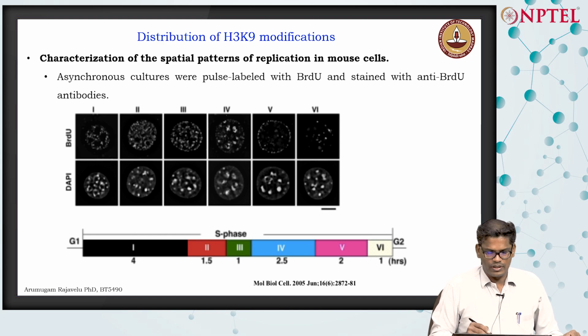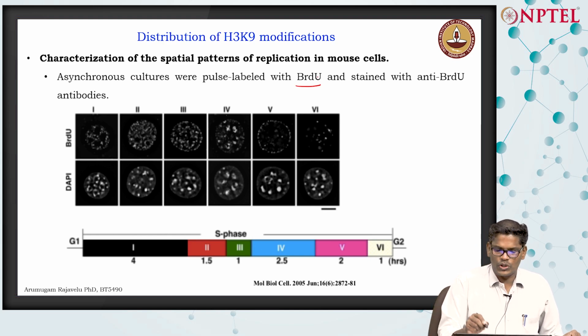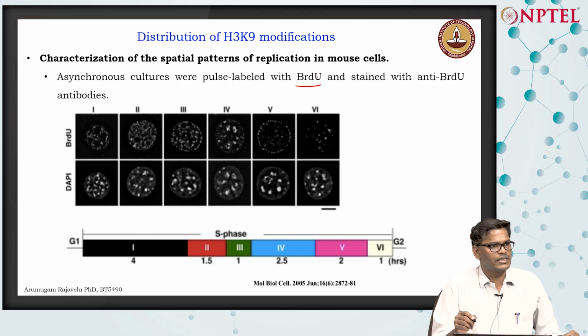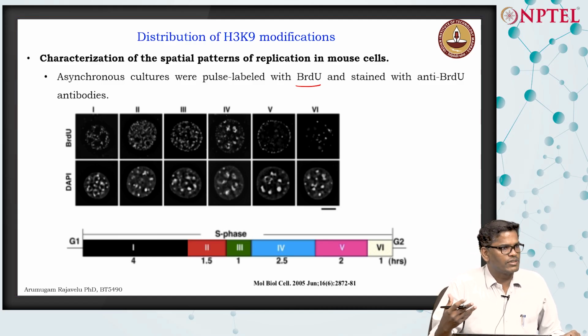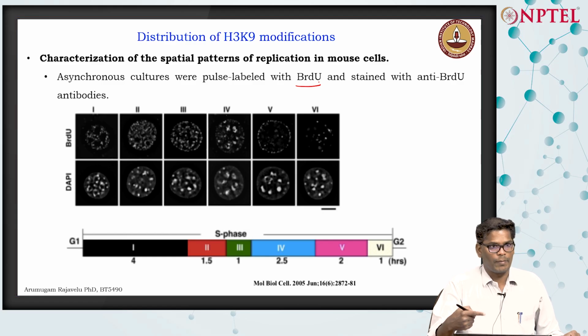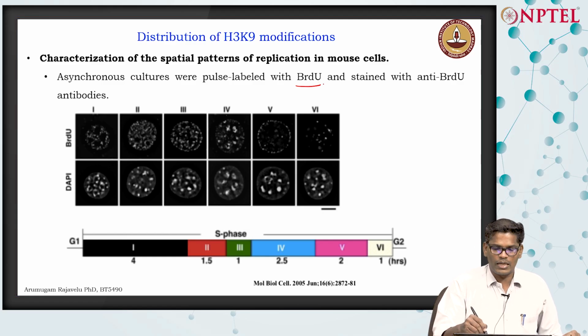Initially they optimized this using BrdU labeling, because this is a thymidine analog commonly used to measure active cell proliferation and active cell division. You add BrdU to the cells, and it gets integrated into the newly replicating cells because it is a thymidine analog. Then you can use an antibody against BrdU to localize or pull down and look for functions.